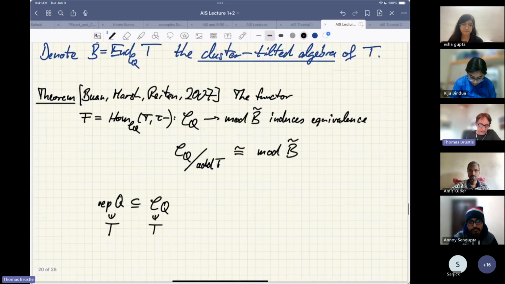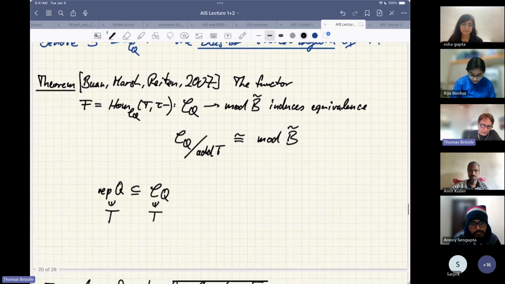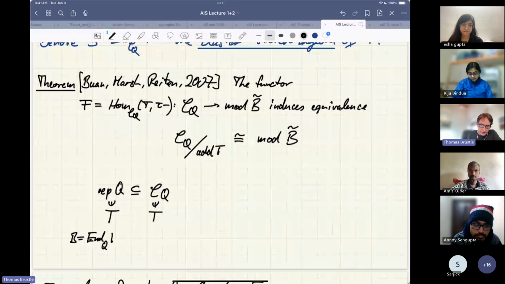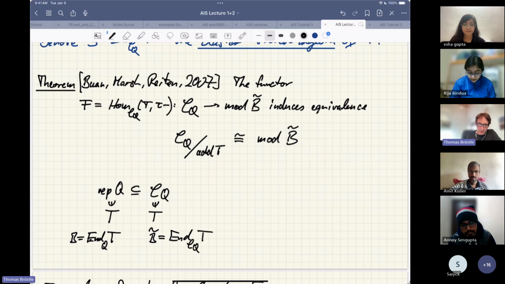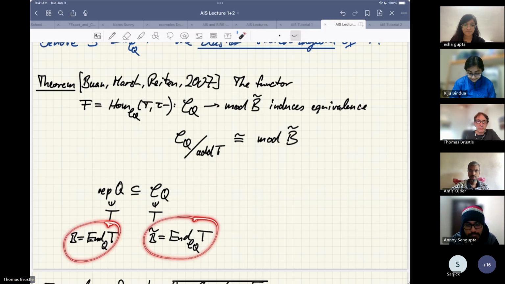You can compute the endomorphism ring over Q of T, and you can compute the endomorphism ring in this larger category, the cluster category CQ, of the same object. And in general, this is going to be larger than this one.